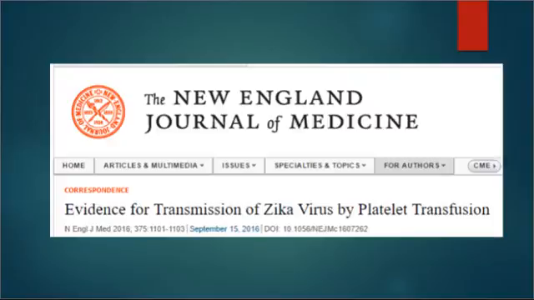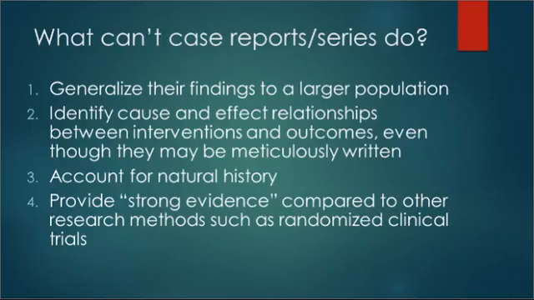And so in this case series, there were only 2 patients, but because it's more than one, it's not just a case report, it's now a case series. So with case reports and case series, they are considered low level of evidence. We really can't generalize the findings to a larger population.